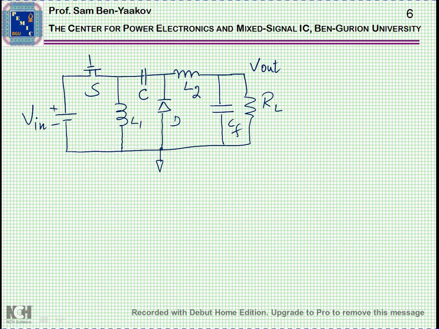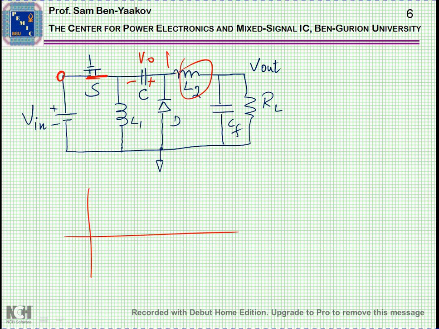Now, what about L2? Well, the situation here is pretty much the same. During the on time, this is when the switch is on, we have here V in. We have, however, the capacitor being charged in this polarity to V out.